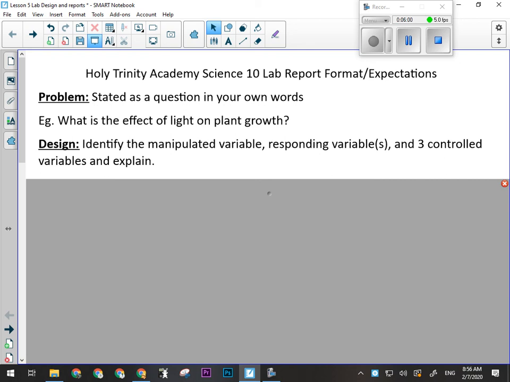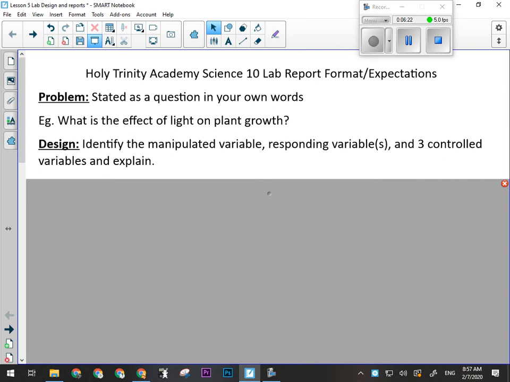Which essentially makes the experiment useless, because all you've proven is one of these 2 things affected the growth of a plant. You should have run 2 separate experiments and then figured out which one. Maybe they both did, and you would find that out if you ran 2 separate experiments. So you can only ever test one thing in an experiment at a time.